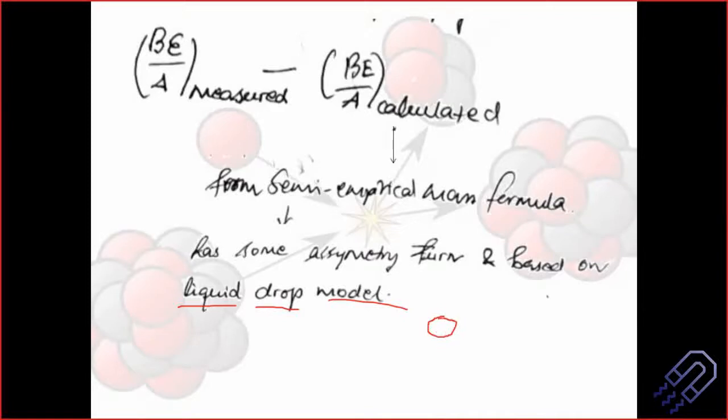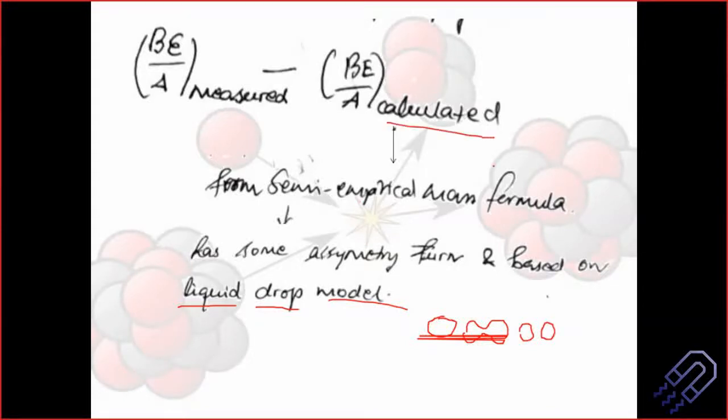So if you have a liquid drop and then it slowly breaks, you apply some energy and it becomes this shape, then it becomes totally different and so on. Then it separates out, and in between there are intermediate stages. So this is how the liquid drop model works, and based on this we have the semi-empirical mass formula, and that will give you a calculated result.